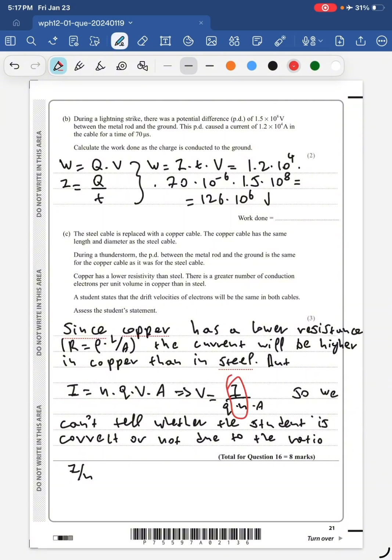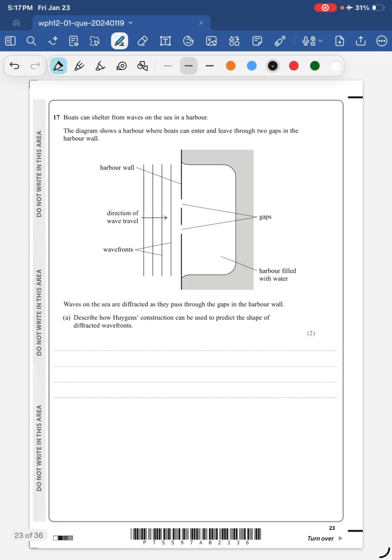We don't know the exact number for the current or the charge carriers, therefore we cannot tell. He's probably correct, but we cannot tell. So let's move on to question 17.